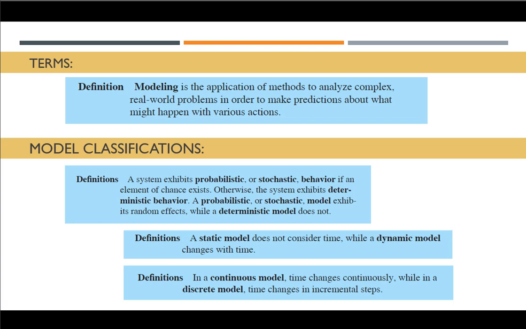So the static is a component of the dynamic. Again, a static model does not consider time while a dynamic model changes with time. When time changes continuously or smoothly, the model is called continuous. If time changes in incremental steps, the model is discrete.